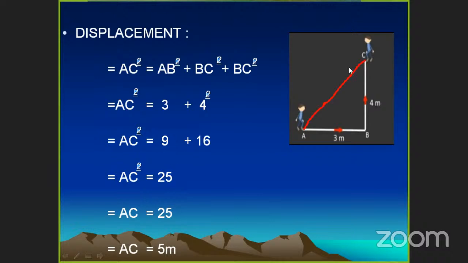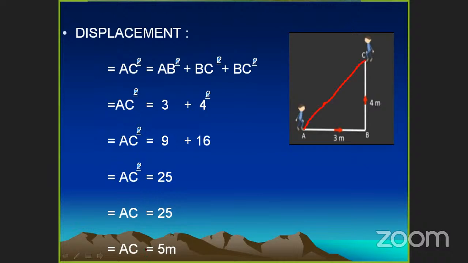AC length represents the displacement. AC is equal to the square root of 25. The AC is equal to 5 meters. The displacement of the body is 5 meters.